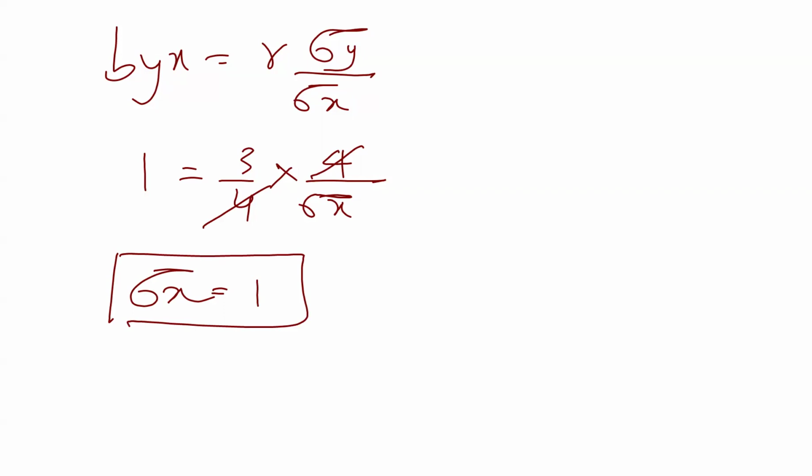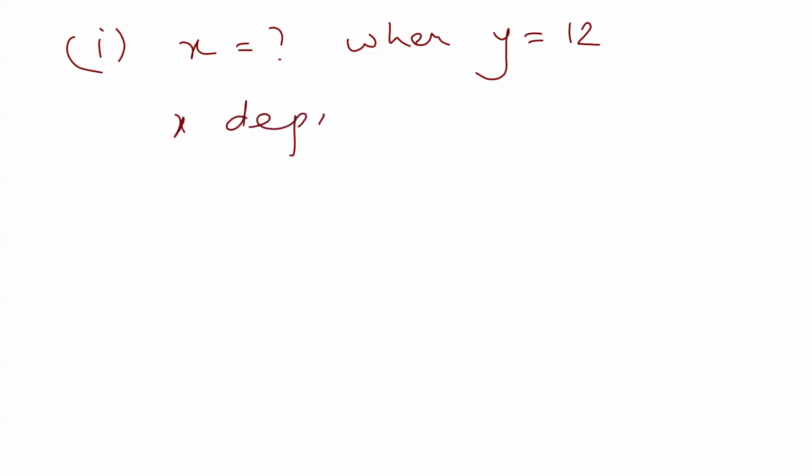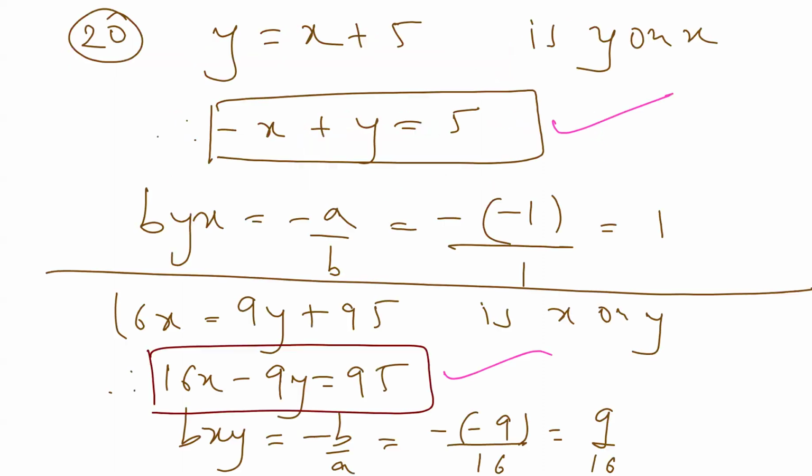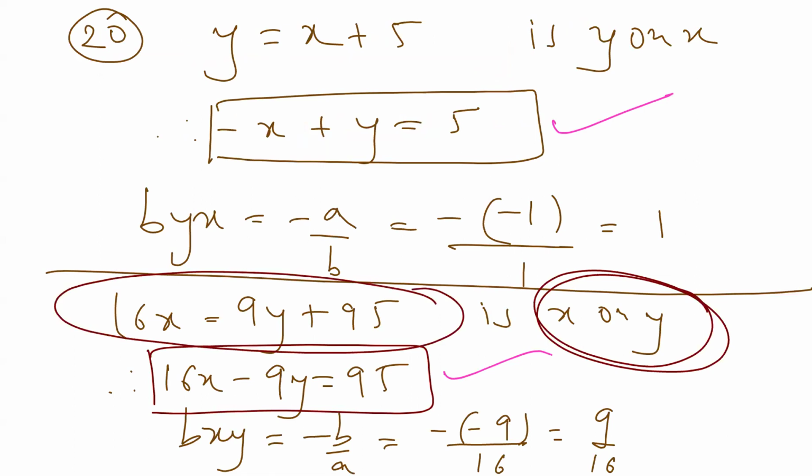And then they are asking you estimation. The first estimation. They are asking you to find out x when y is equal to 12. X depends on y. Use line x on y. So the line x on y is there in the problem. Line x on y, that is 16x is equal to 9y plus 95.